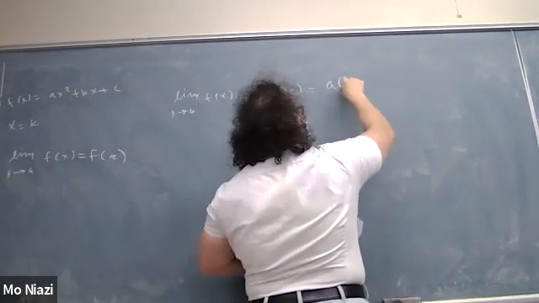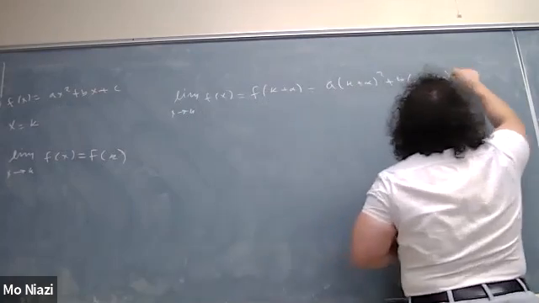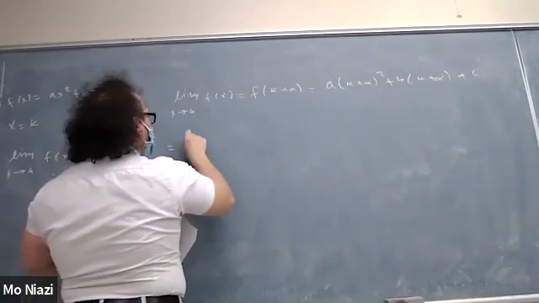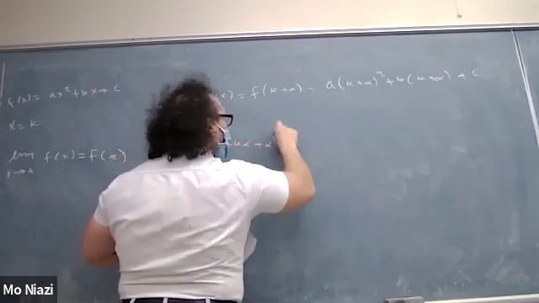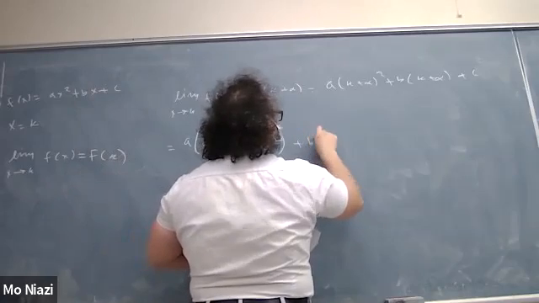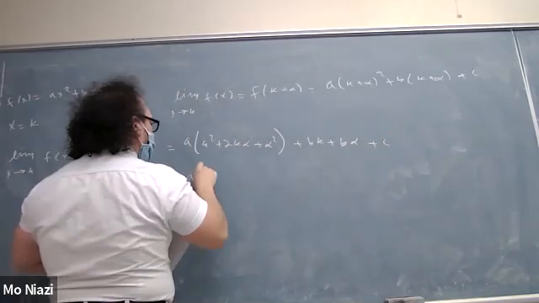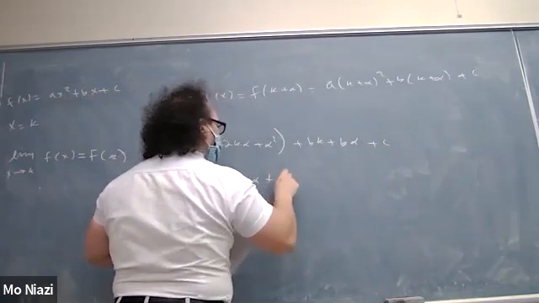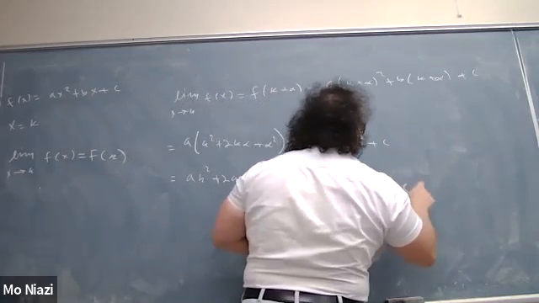And that's a times k plus alpha quantity squared plus b times k plus alpha plus c. This is equal to a times the quantity k squared plus 2k alpha plus alpha squared plus bk plus b alpha plus c. This is equal to ak squared plus 2ak alpha plus a alpha squared plus bk plus b alpha plus c.